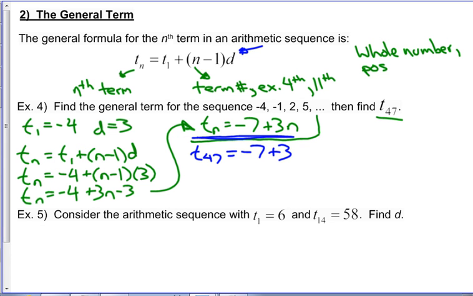Well, what is n here? Ah, it is the value here. We're talking about the 47th term. So n is 47. And at this point, we're just going to head to a calculator. We'll figure out that 47 times 3 is 141. Minus 7 is going to be 134.